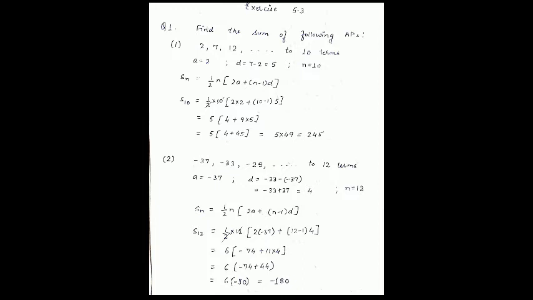Now 1 by 2 and 12 get simplified, so 6 will be there. 2 multiplied by minus 37 is minus 74, plus 11 into 4, because 12 minus 1 is 11. After solving, the bracket will be minus 30. Minus 30 multiplied by 6 is minus 180. I hope question number 1 first and second parts are clear to you.